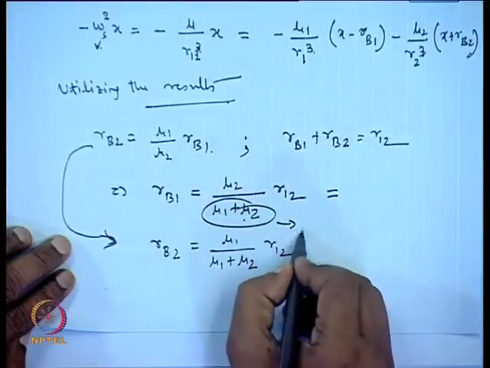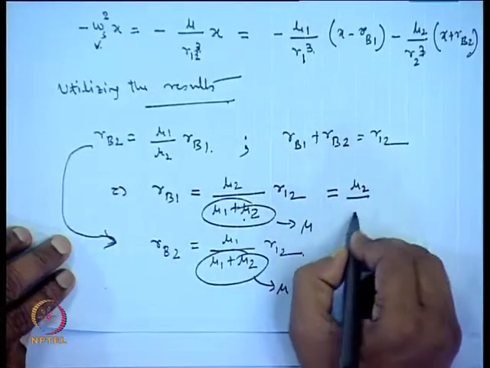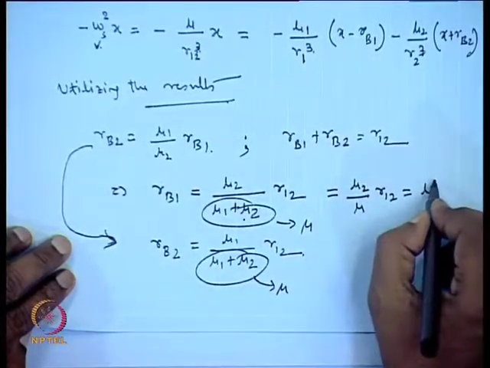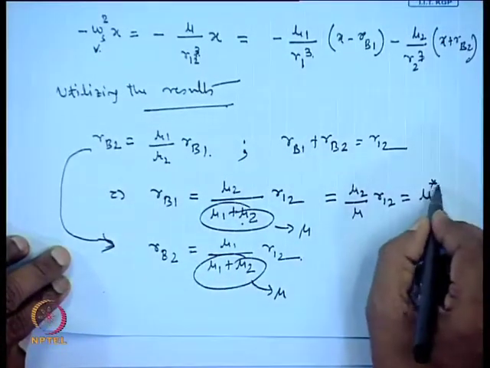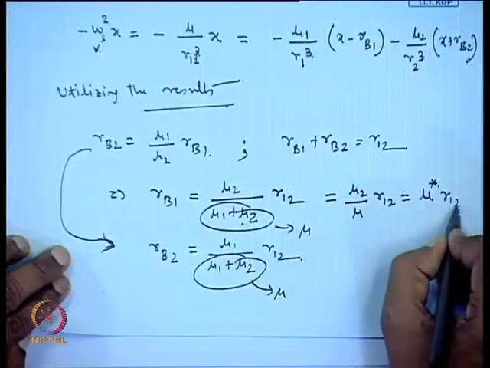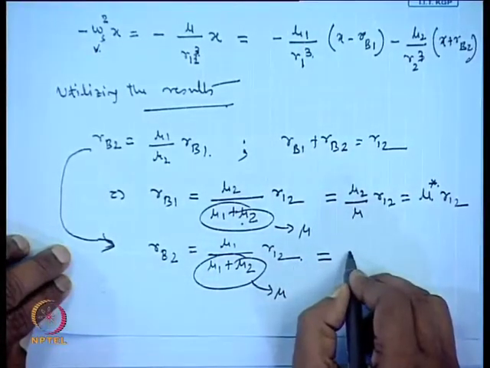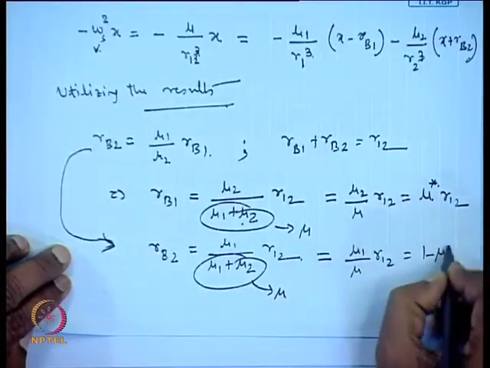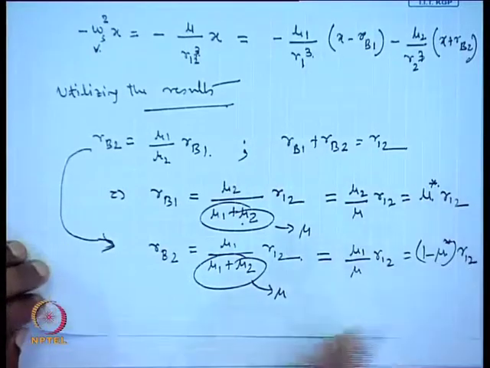So, we can write this as mu2 by mu times r12, and this we write as mu star times r12, and this we will write as mu1 by mu times r12. This will then become 1 minus mu star times r12. This is very easy to see.